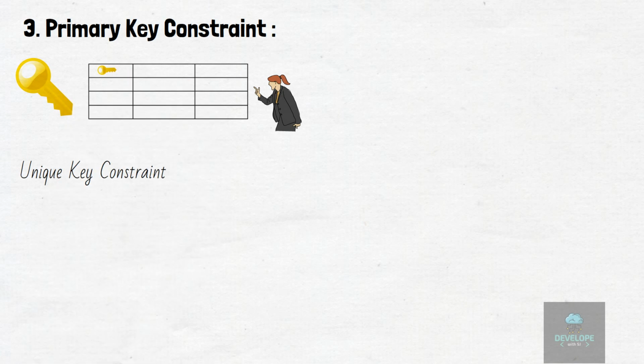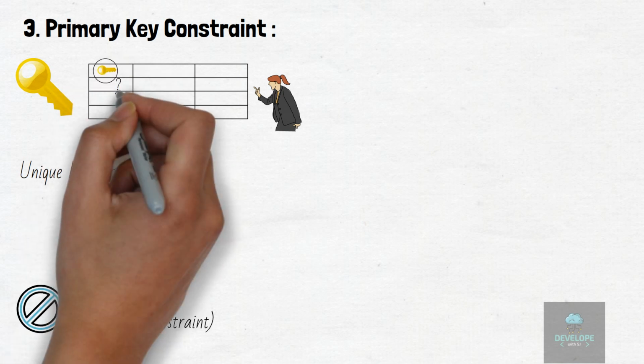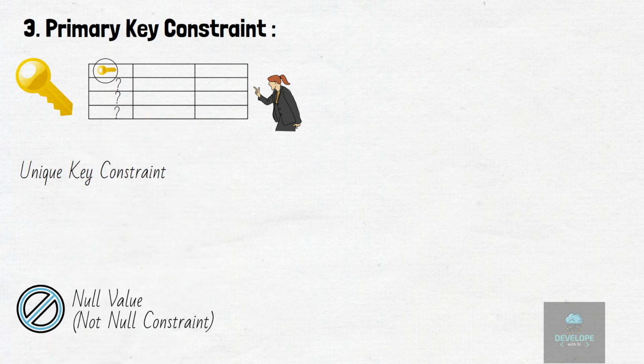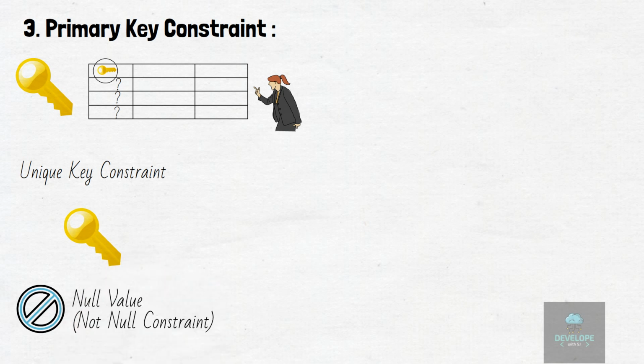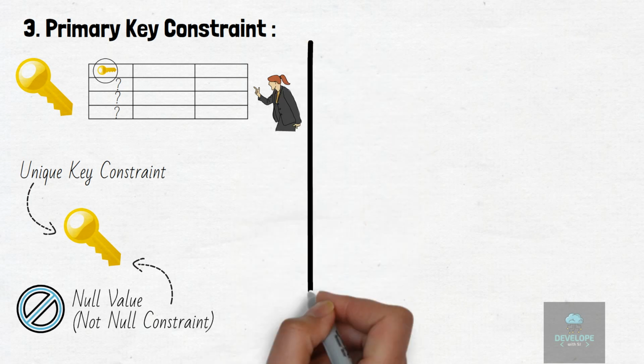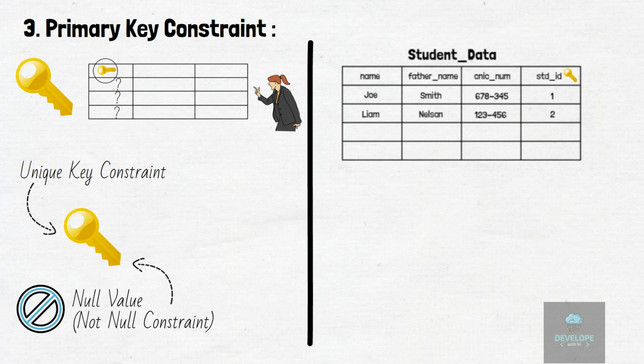Moreover, a column which is a primary key cannot have a null value, i.e. it has to have some value and cannot be left empty. So if a column is defined as a primary key, it will have unique constraint and not null constraint applied to it by default. For example, if student ID is defined as the primary key of our student_data table, then it has to be unique and cannot be null.